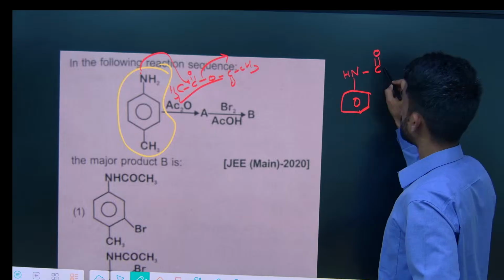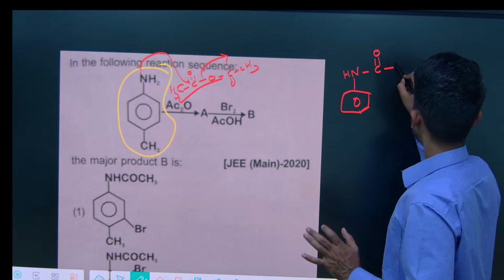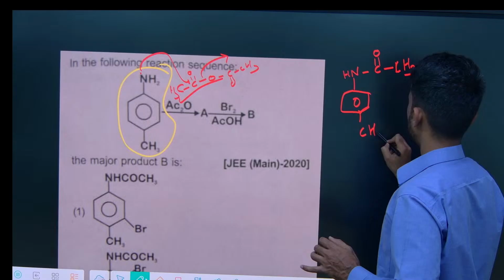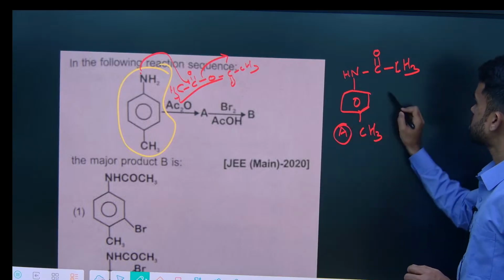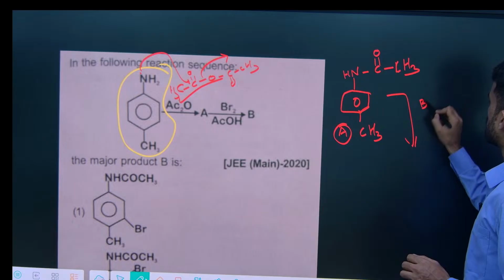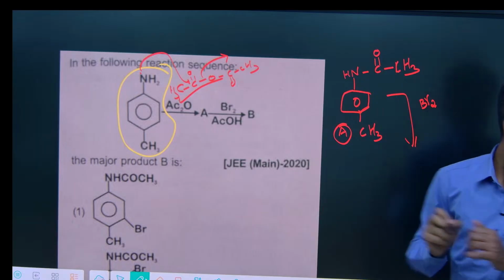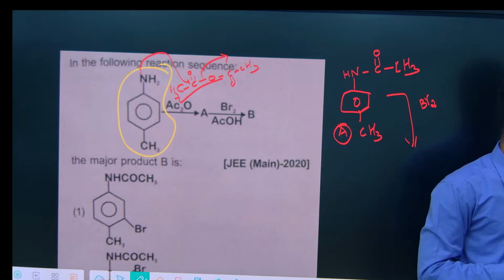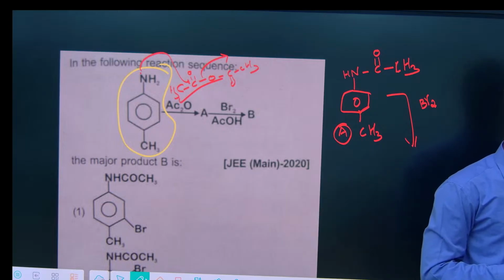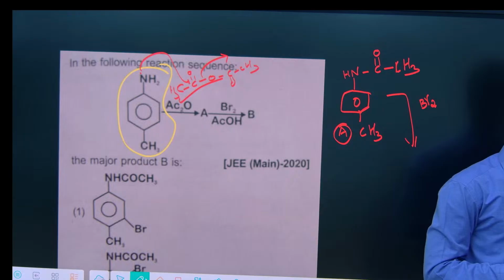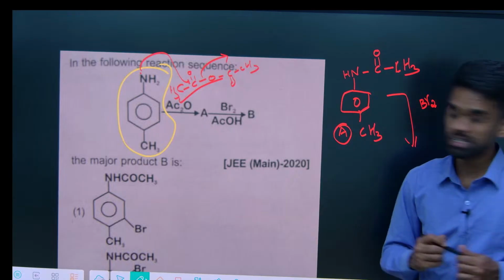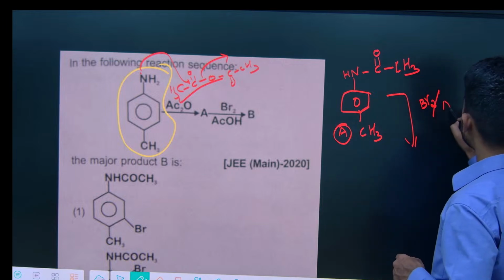What is this? CH3. Like this you will get. This is our A. So now A is treated with bromine, Br2, in acetic acid.